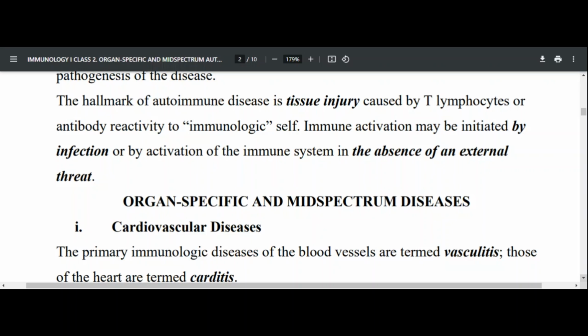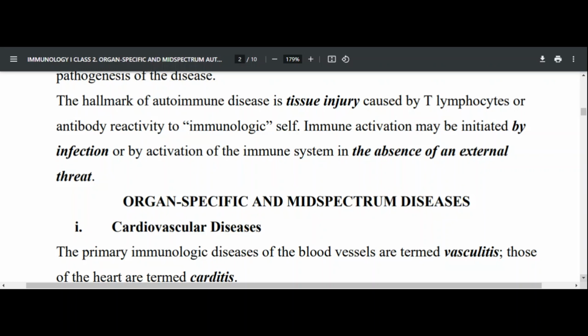Now we are going to break down these autoimmune diseases, starting from organ-specific and mid-spectrum diseases. Organ-specific means the conditions we are going to discuss are confined to certain organs. For example, Hashimoto disease is organ-specific because it is confined to the thyroid gland.